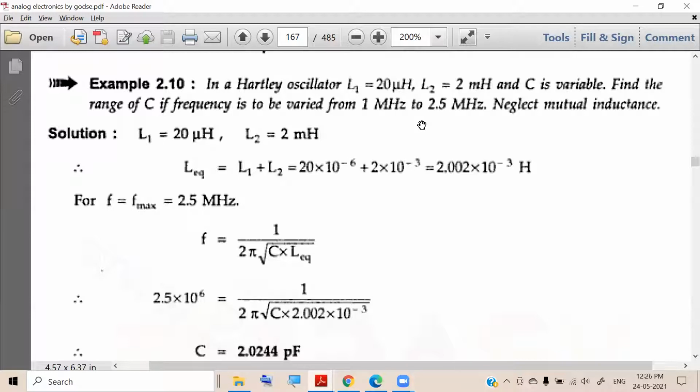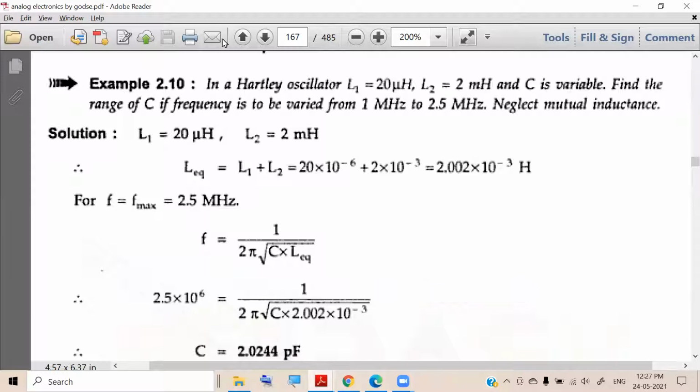So anyway, they are taking F as 2.5 mega. Mega is 10 power 6. So 2.5 into 10 power 6 is equal to 1 by 2 pi root C, L equivalent we got 2.02 into 10 power minus 3. And the C value you got, what is the value? Is it 2.008 picofarad?